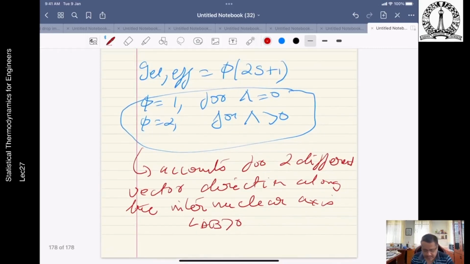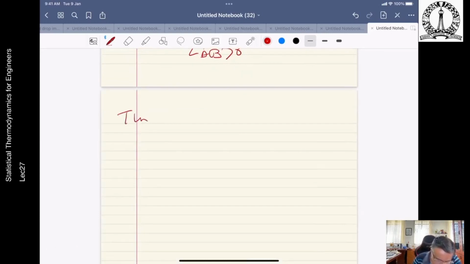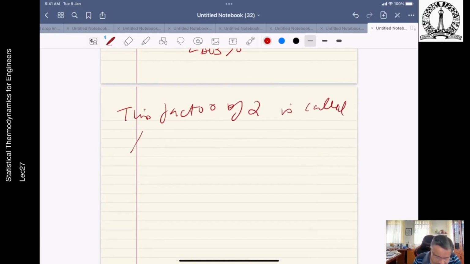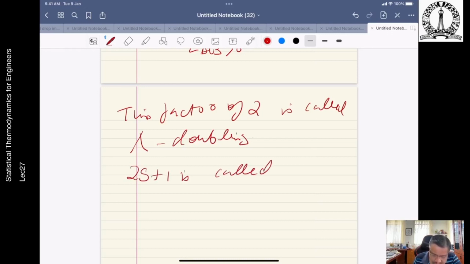This factor of 2 is called gamma doubling, and 2S plus 1 is called spin splitting.